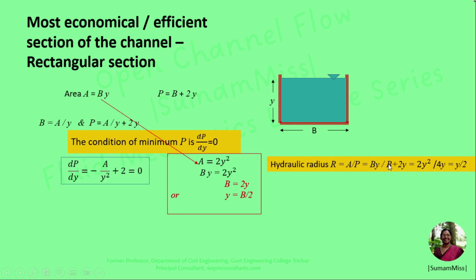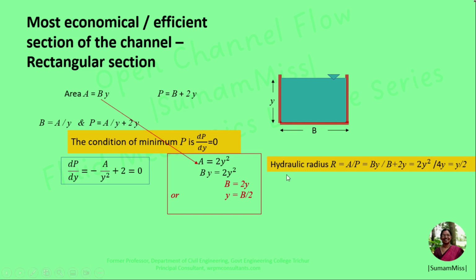Replacing B as 2y for the most economical section, the hydraulic radius R equals 2y square by 4y, that is equal to y by 2. To conclude, for a rectangular section, the most economical or efficient section of the channel is the bottom width B equal to twice the flow depth.